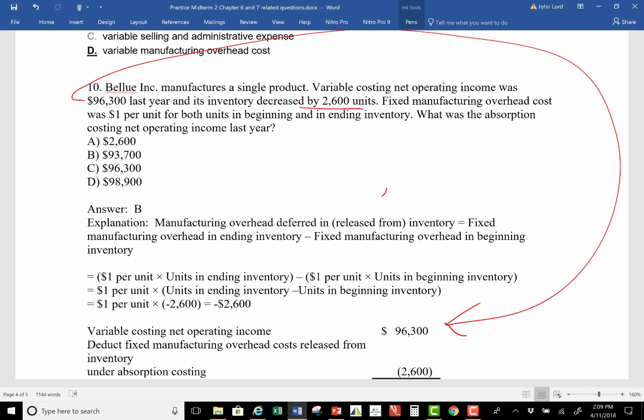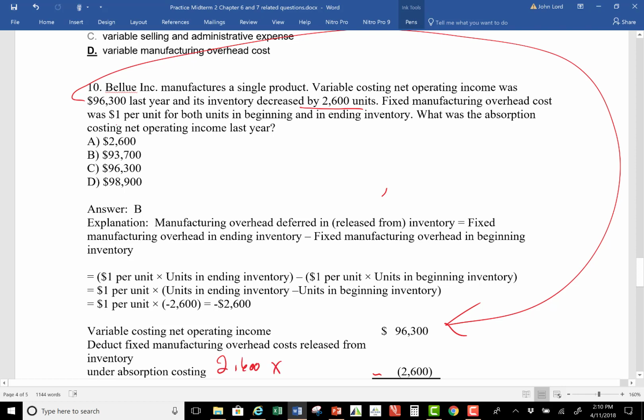Variables took it last period, didn't they? When the inventory levels increased. Okay, they already expensed the fixed manufacturing overhead. So you subtract the what? The decrease in inventory of 2,600 units times what?